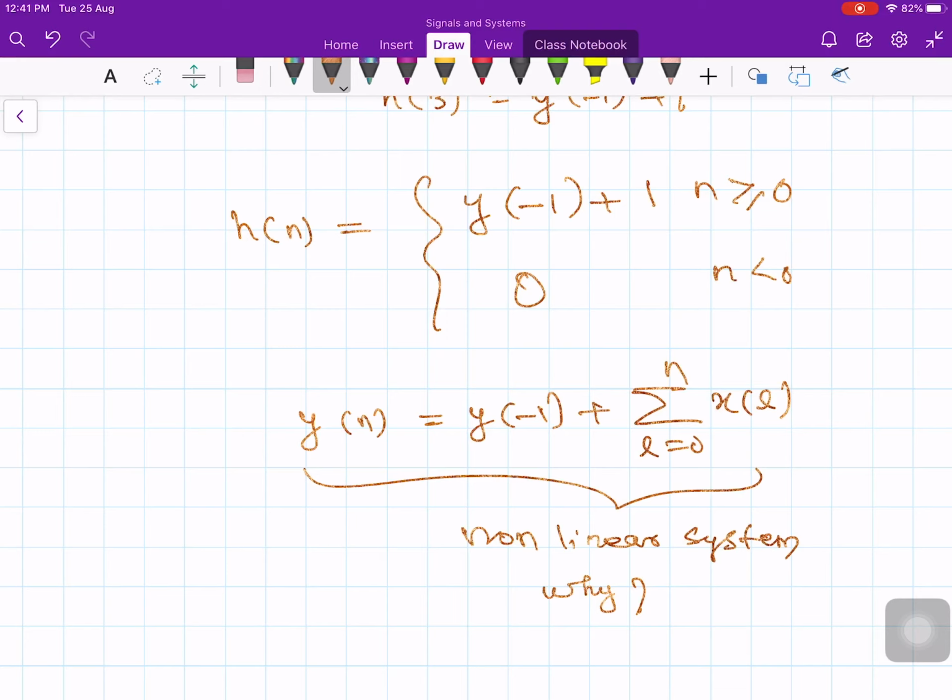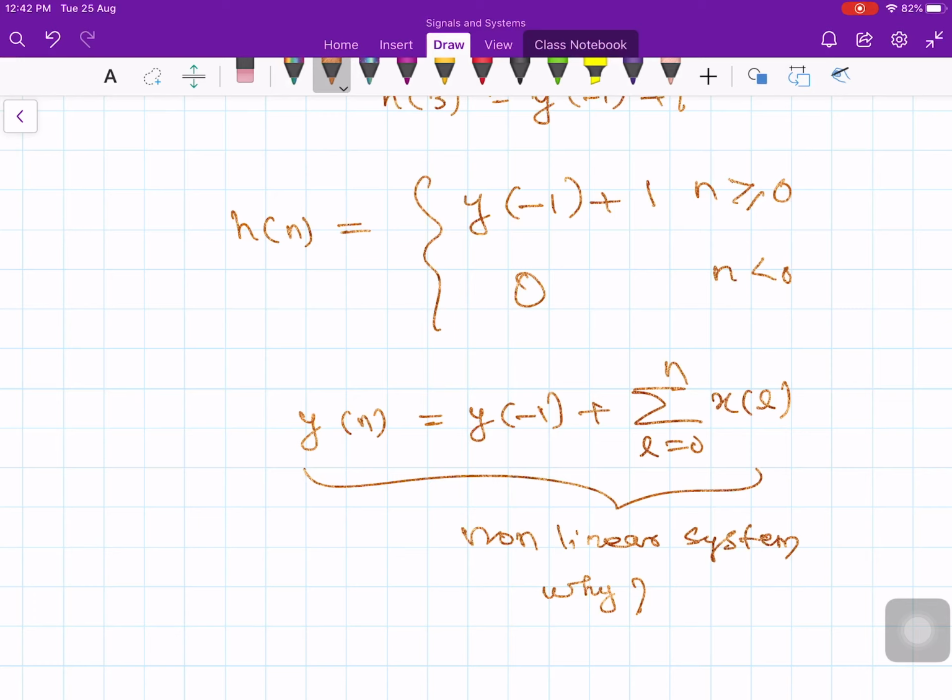So, non-linear systems can also have an impulse response, but the other property that we are going to discuss in a couple of minutes will not hold up. Convolution, for example, will not hold for a non-linear system in the form that we are going to discuss now.